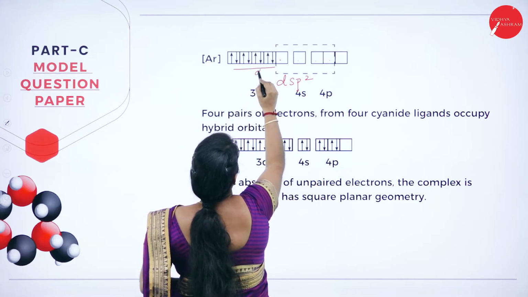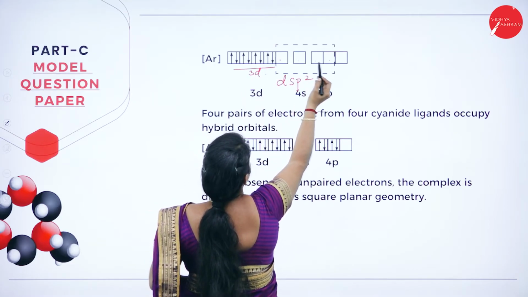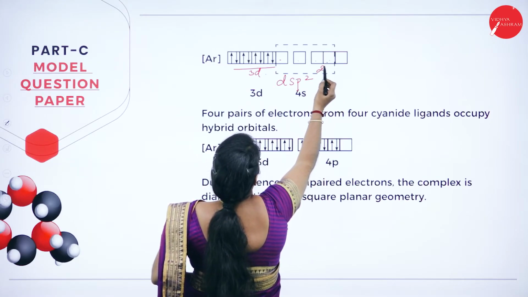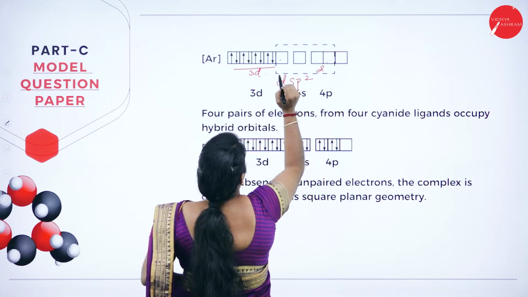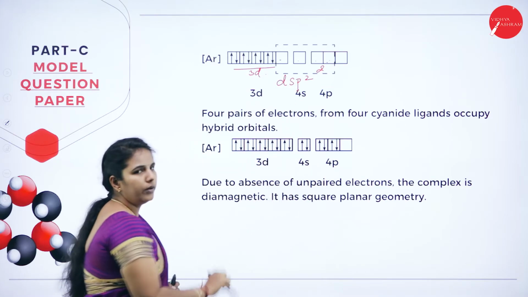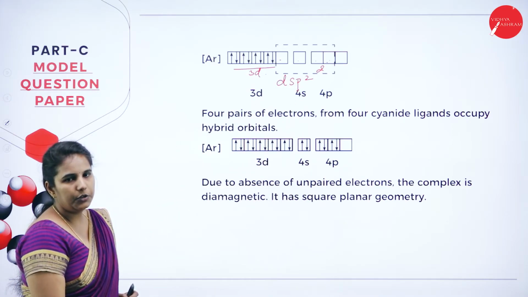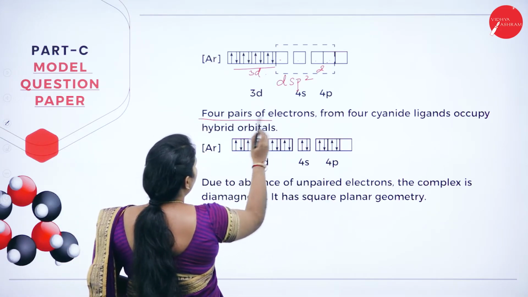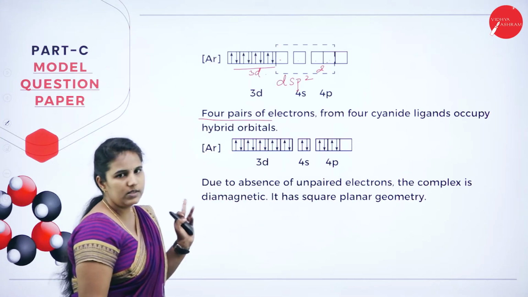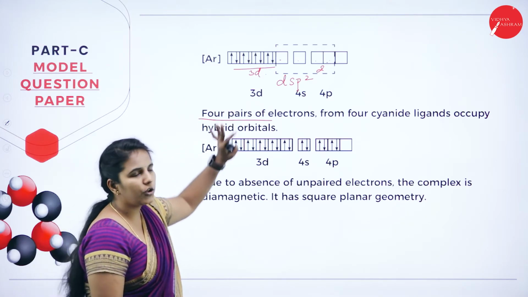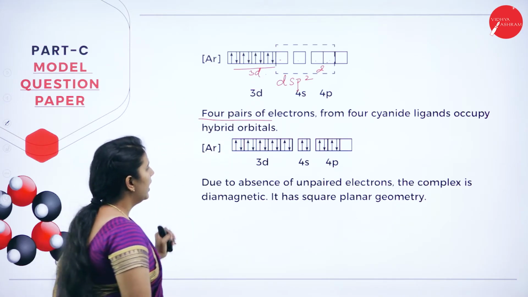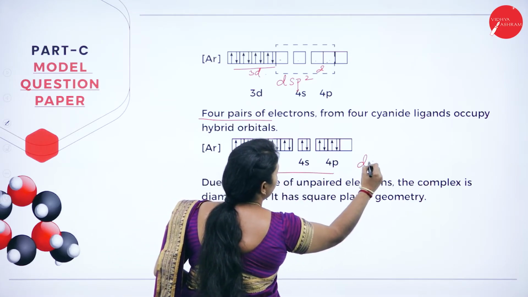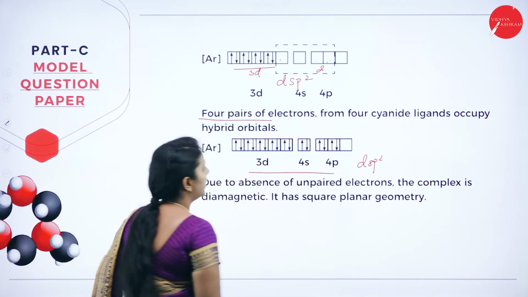This is the 3d, and this is the 4s and 4p. Since it is taking 2 p orbitals, 1 s orbital and a d orbital, it is dsp2 hybridization. Okay, and the 4 pairs of electrons from the cyanido ligands go and occupy those positions and give rise to dsp2 hybridization.